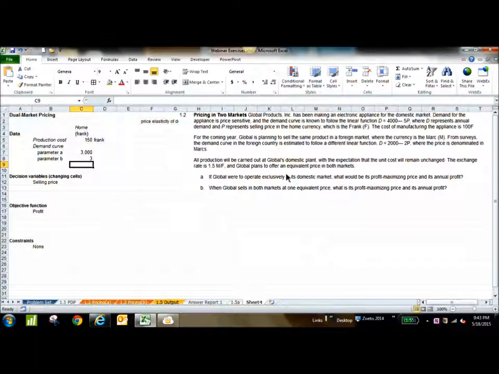So, before we calculate profit, we know it's based on what? You can put it in this fashion. What is revenue? And what is cost? And profit is revenue minus cost. So I can put it in this fashion.